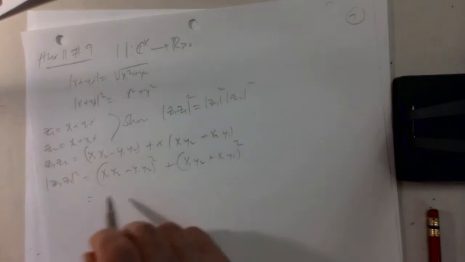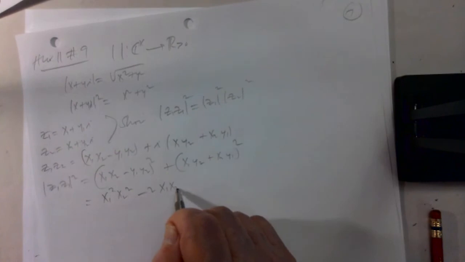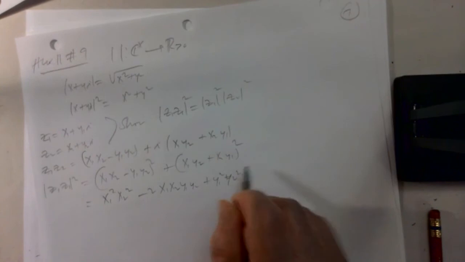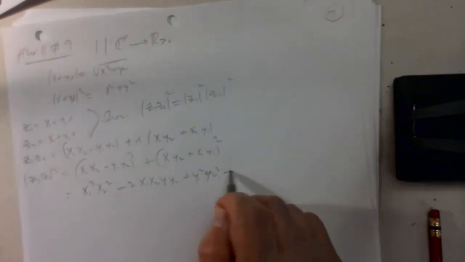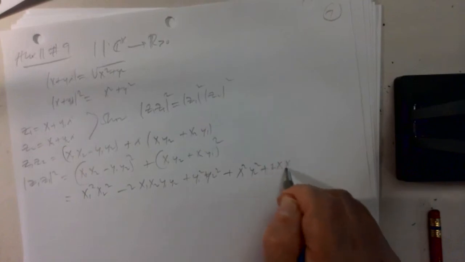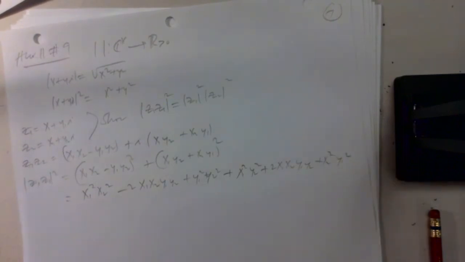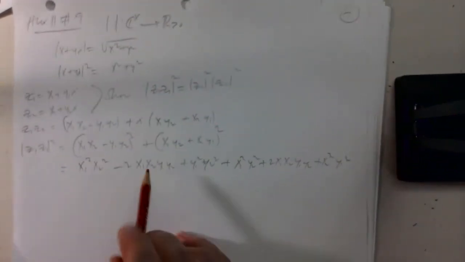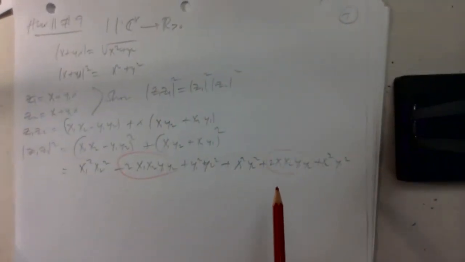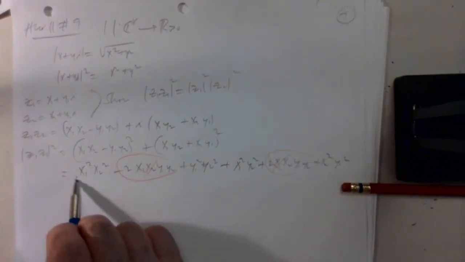So you square it, you get x1 squared x2 squared minus 2 x1 x2 y1 y2 plus y1 squared y2 squared. And here I get x1 squared y2 squared plus 2 x1 x2 y1 y2 plus x2 squared y1 squared. And of course, you can notice that minus this and plus this cancel. So what I have is these four terms.